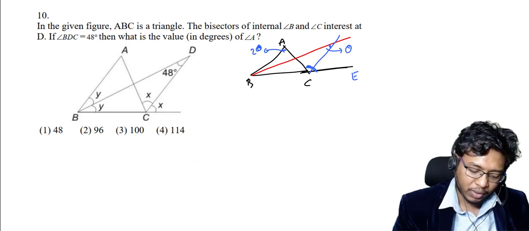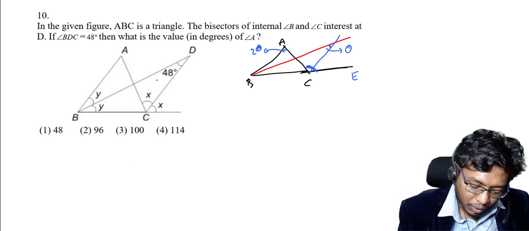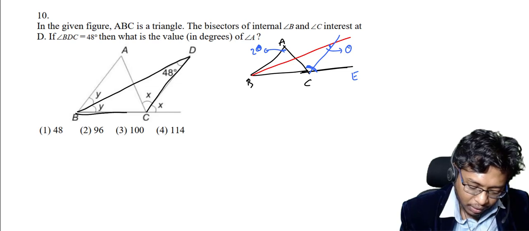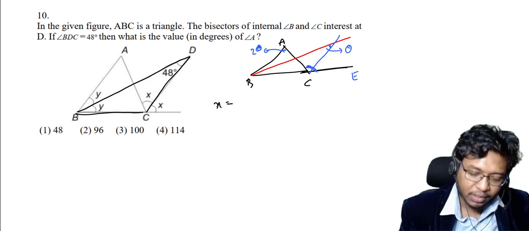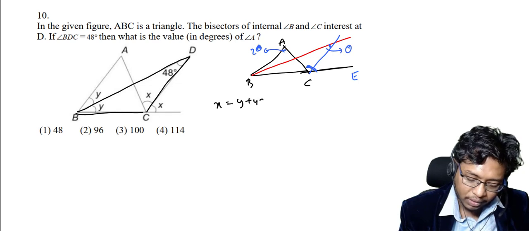Anyway, we'll solve this question. Okay, see this, I'll draw here itself. This figure, this diagram is there, right? If you take this triangle, your x will be external angle bisector, so x you can write as y plus 48 degrees. So keep it aside like this.